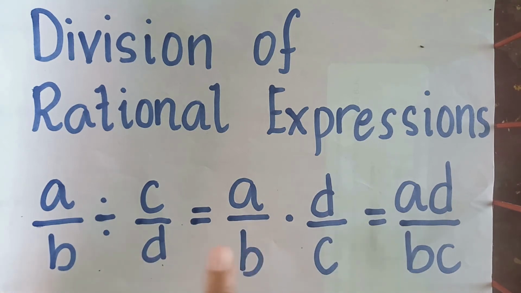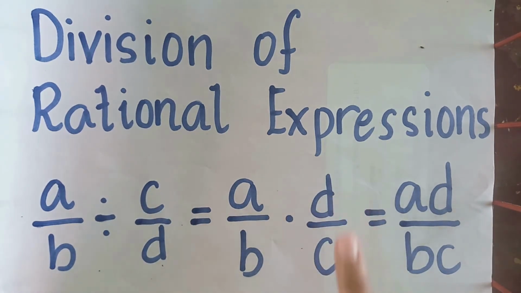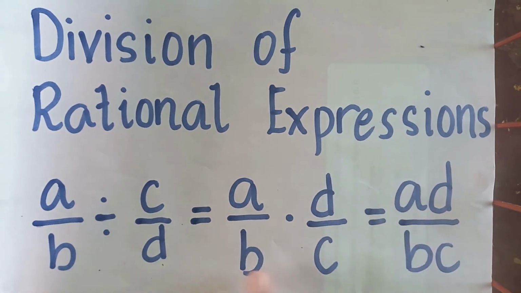Once you change division to multiplication, you will get the reciprocal of the divisor. So, c over d would become d over c. So, it is equal to a times d is ad, and then b times c is bc. Wherein, b, d, and c must not be equal to 0.